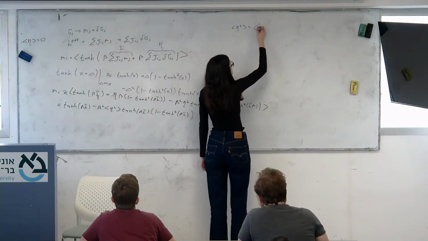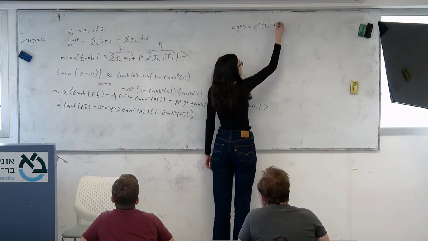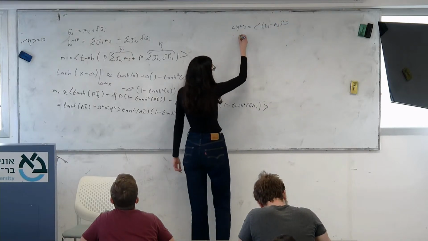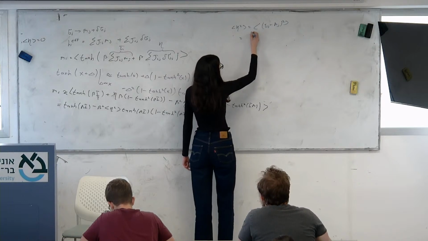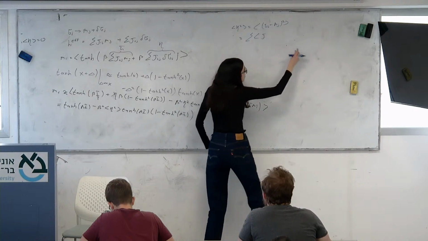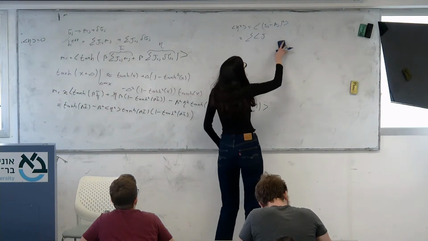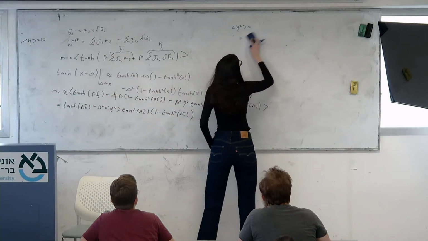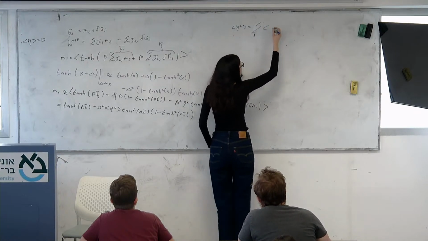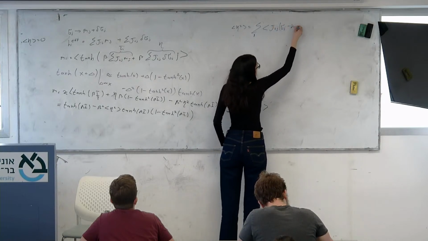So this is just sigma j minus mj, and if I write it explicitly, I have the average of sigma j minus mj.